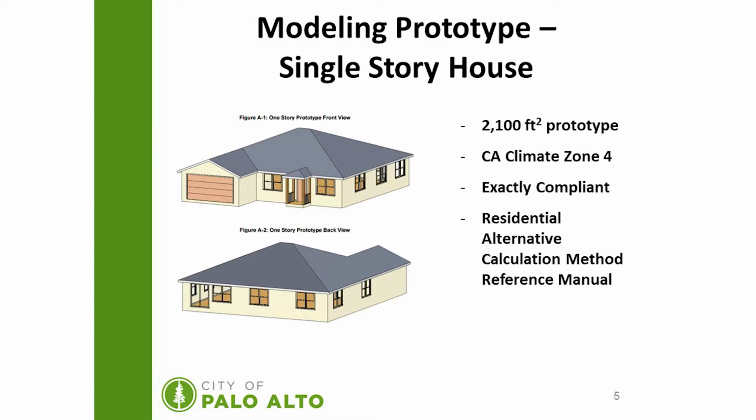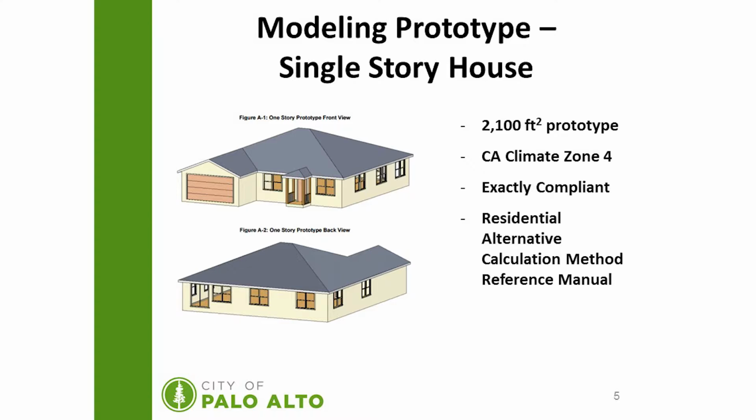For today, we will be using the single-story, single-family home for the residential modeling. This is a California Energy Commission standard prototype building. You can find the details of this in the joint appendices, as well as the Residential Alternative Compliance Manual reference manual.